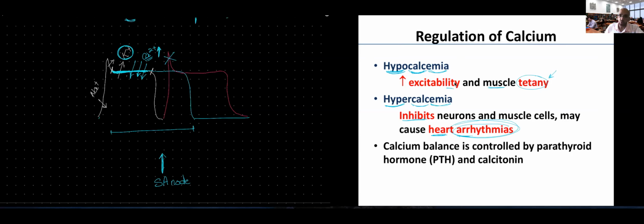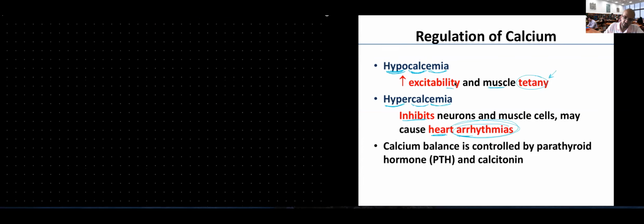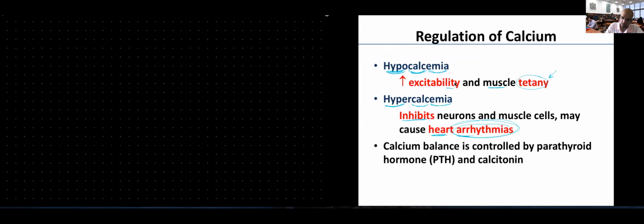Calcium balance is controlled by a hormone released from 4 tiny glands located on the dorsal aspect of the thyroid gland. Remember, this gland is located in the front of your trachea. On its dorsal surface, we have 4 tiny little glands. We call them the parathyroid glands.